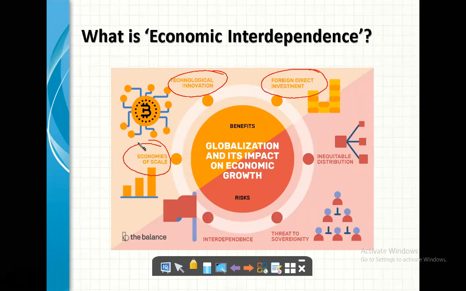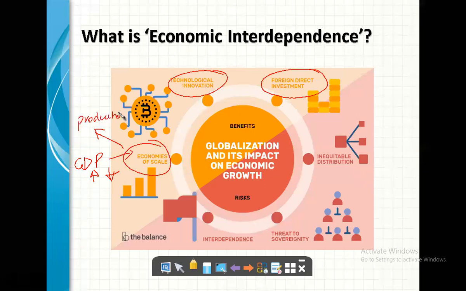So what does economies of scale talk about? It talks about the GDP. Is that right? Whether it increases or decreases, and GDP because of production.